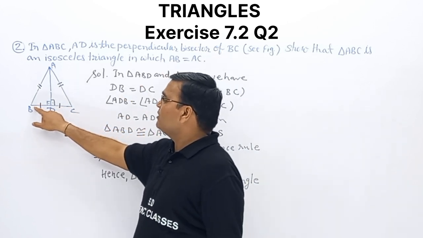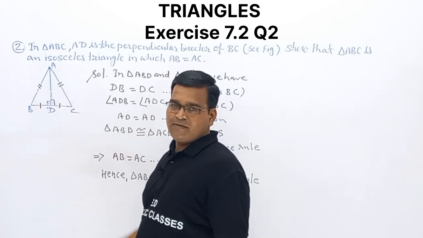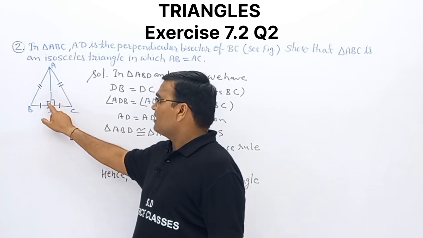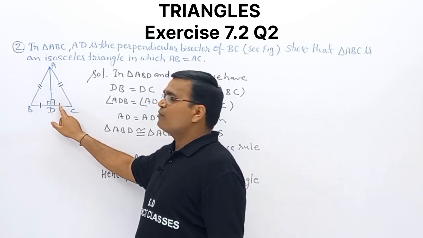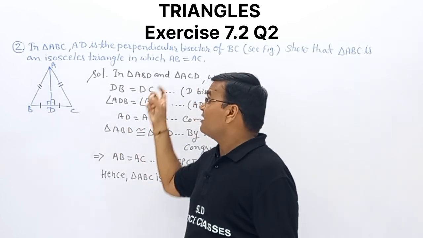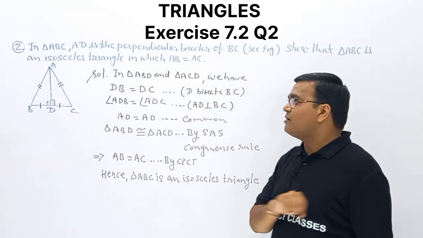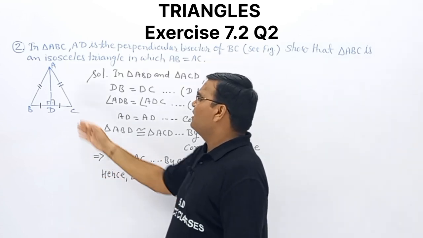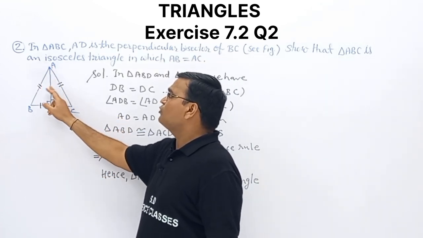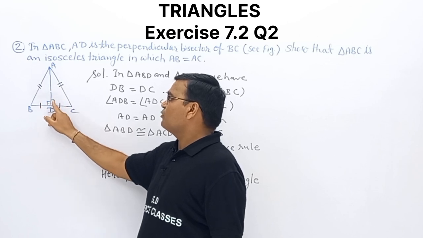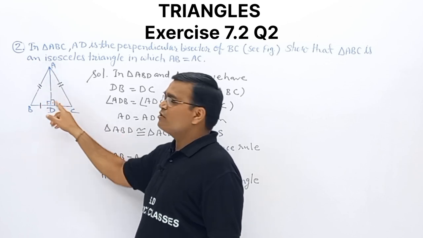It means BD equals CD. This side equals this one. These two things are given in the question. The third thing we observe is that AD is common in both triangles. So this angle is equal to this one, this side equals this one, and this one is common.